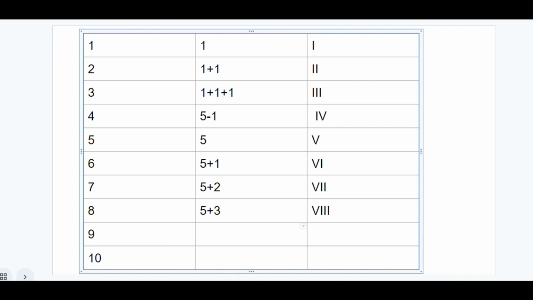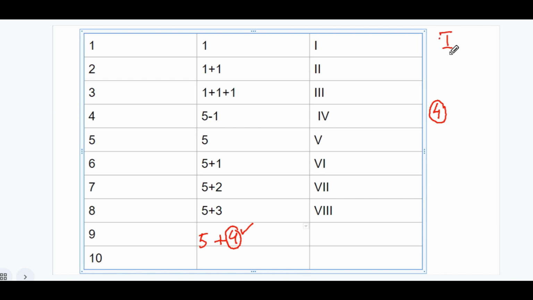Okay, so for 9, again look here. What is the problem coming over here? If I write 5 plus 4, we again come across the same letter 4 times. When you have 4 times something, it means you need to go back in your Roman numeral table, and that is I, V, X. I equals 1, V equals 5, X equals 10.